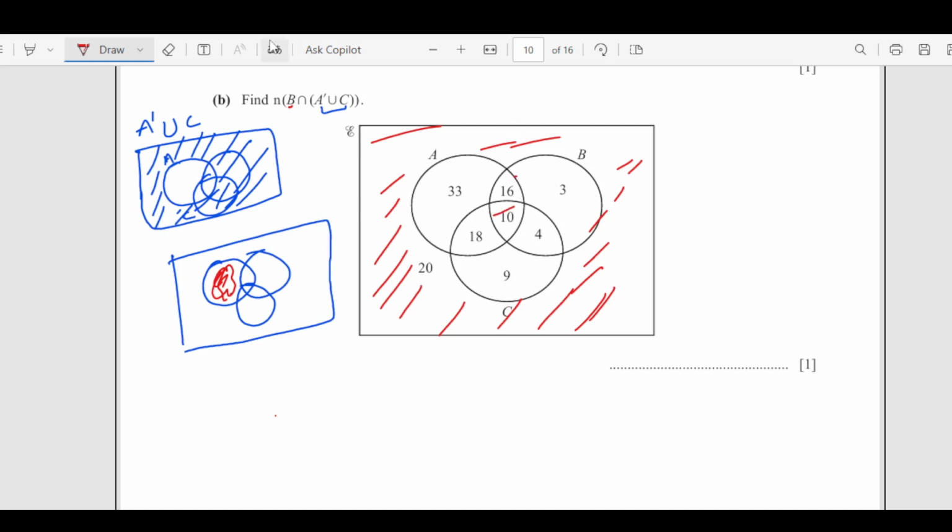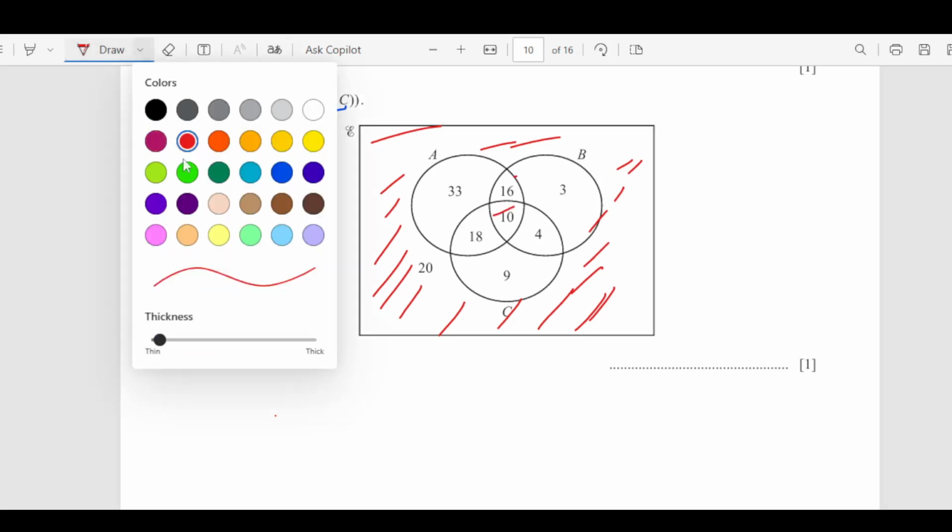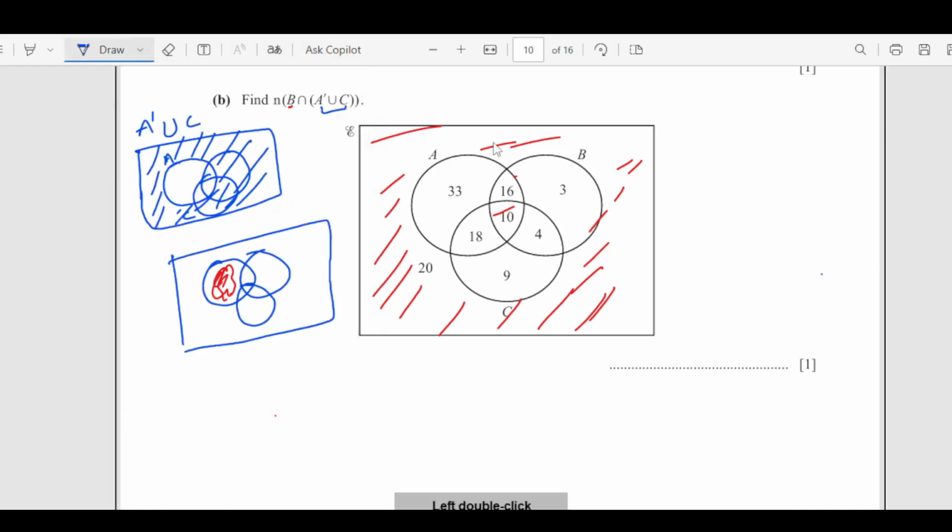Let me again change this one, the required part. Now the required part that we have for B is this one here, right? The blue one. Then the intersection of B with A complement union C is going to be this part only here. So what numbers are we getting here? 10, 4 and 3. So we are going to add 10 plus 4 plus 3. So this is 17.